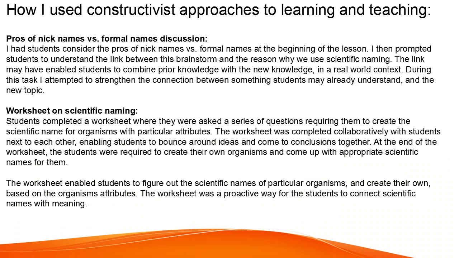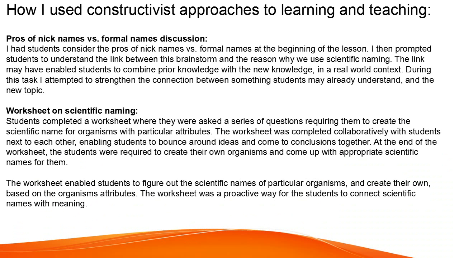The worksheet that the students did on scientific naming basically entailed students creating different scientific names for organisms based on their particular attributes. They were given a table of Greek and Latin words and their English meaning, which were attributes of an organism. Students worked collaboratively with other students and bounced ideas off each other to come to conclusions.